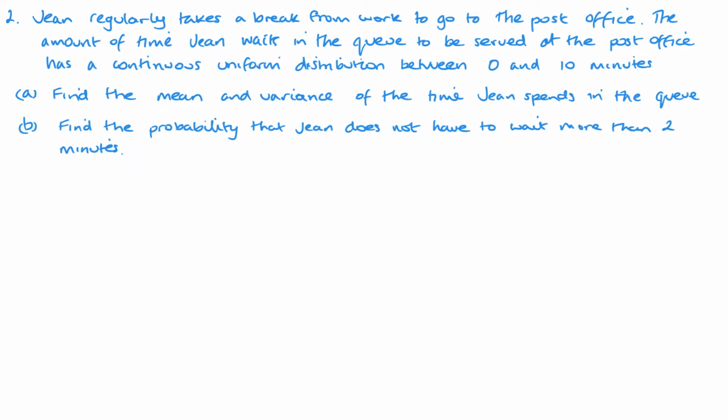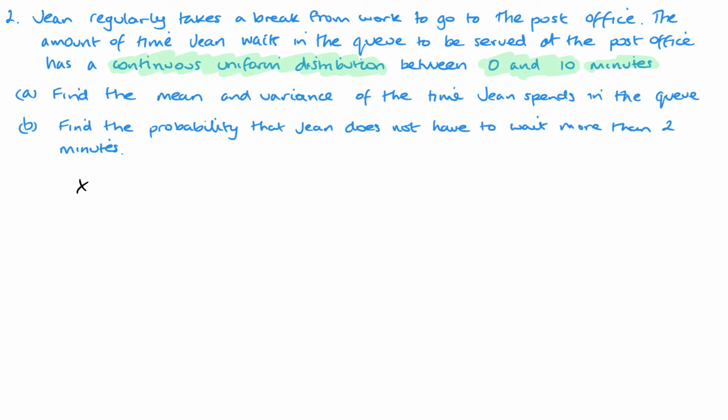So here we can see we have a continuous uniform distribution between 0 and 10 minutes. Find the mean and the variance of the time Jean spends in the queue.